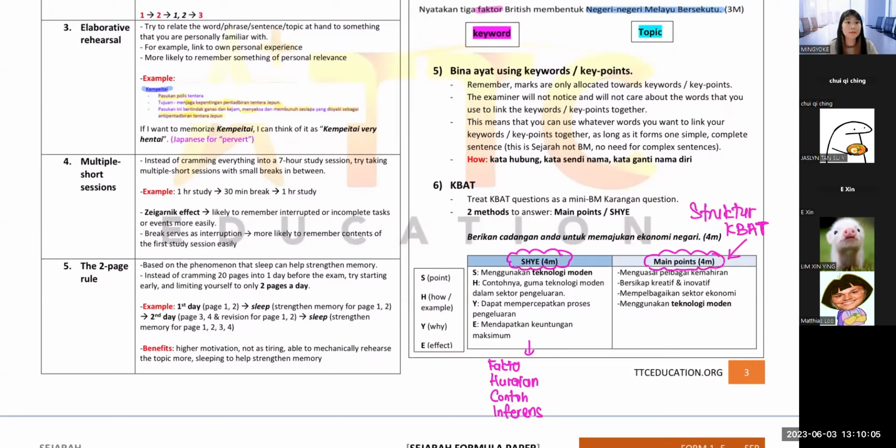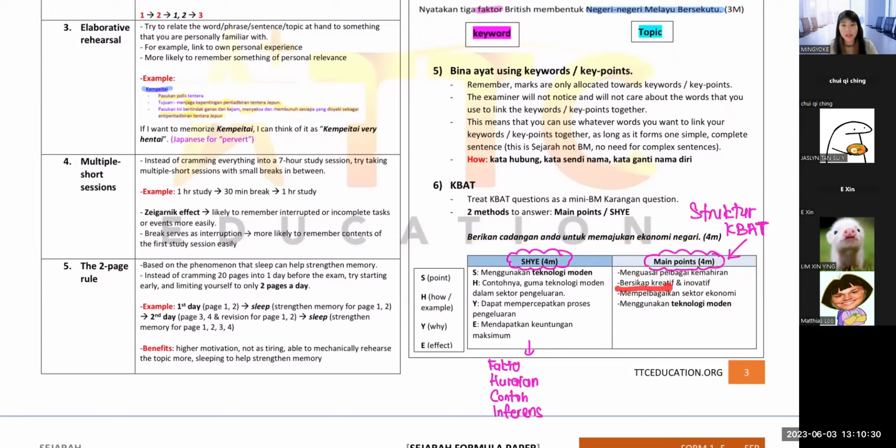Do you know that? For example, if they ask you to suggest how to develop our country's economy, you suggest to master various types of skills and therefore contribute to our country's economy.